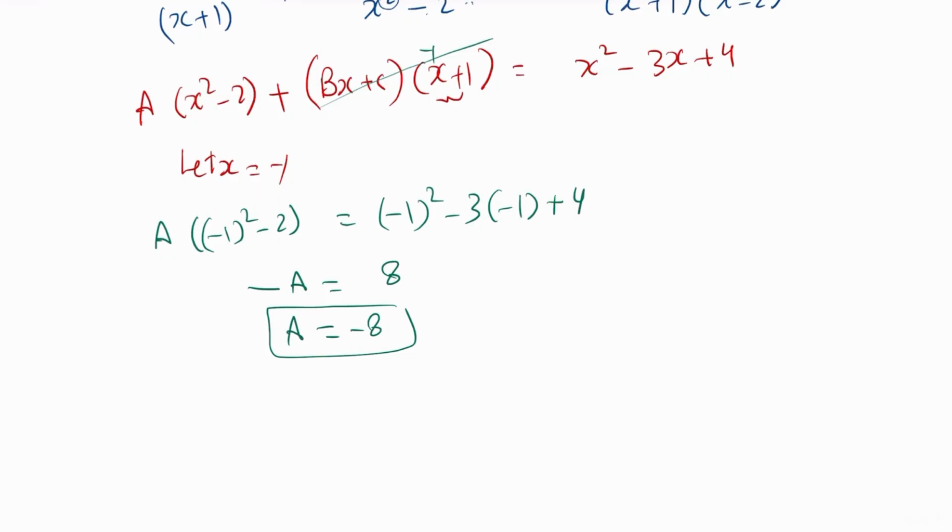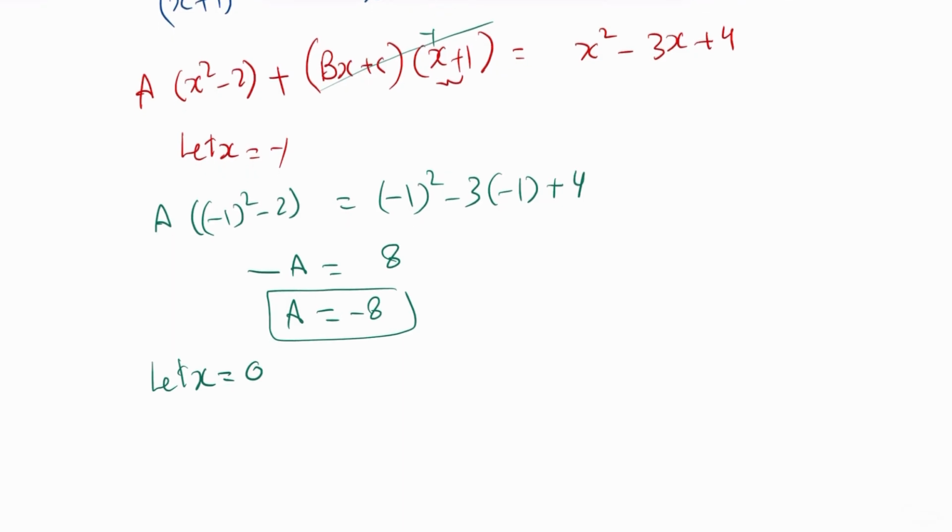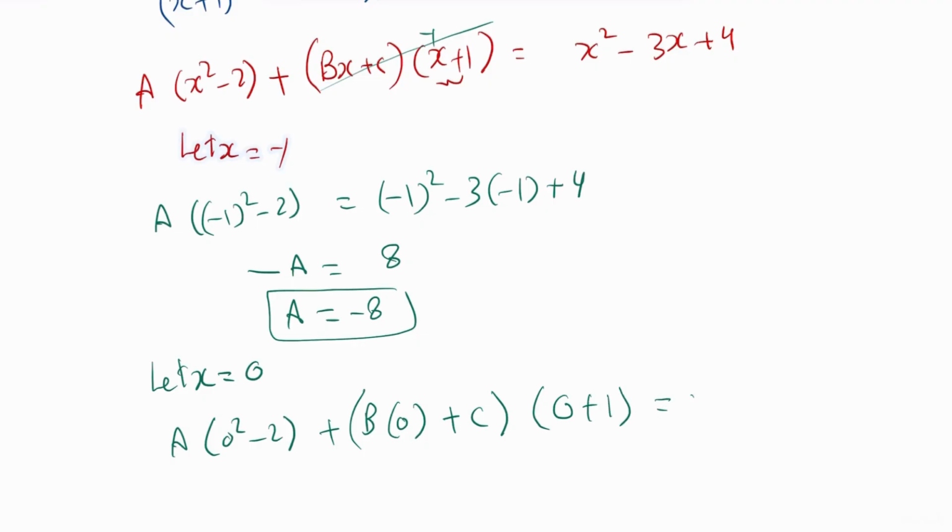After that, let's substitute the value of x with any other number, x equal to 0, for example. So here we have A times (0 power 2 minus 2) plus (B multiplied by 0 plus C) multiplied by (0 plus 1) equal to 0 power 2 minus 3 multiplied by 0 plus 4.